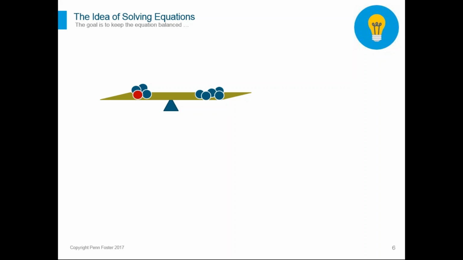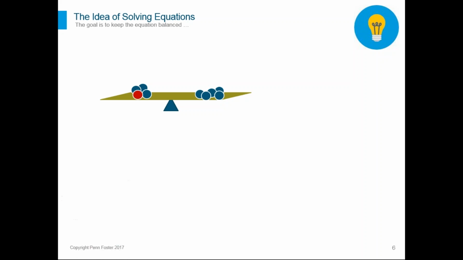So this system, we can think about it as an equation, in terms of the colors of the balls. If I think about the red ball as being the x, the variable, and the blue balls as just numbers, let's represent this figure using equations, using algebra.